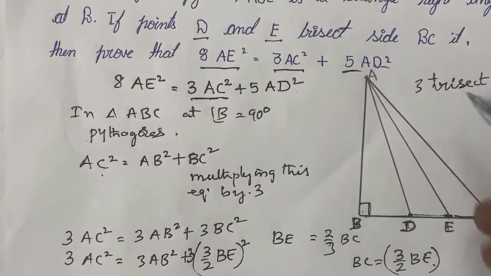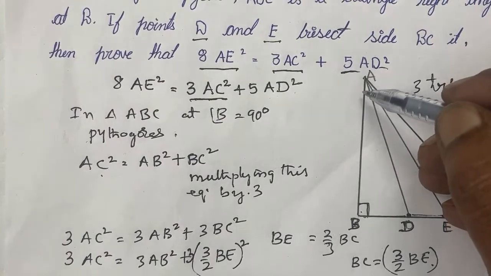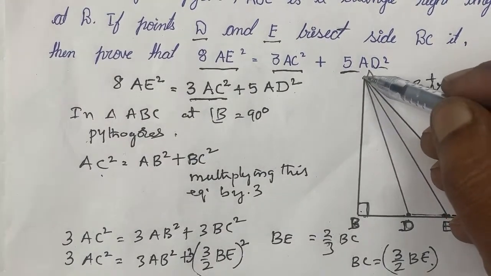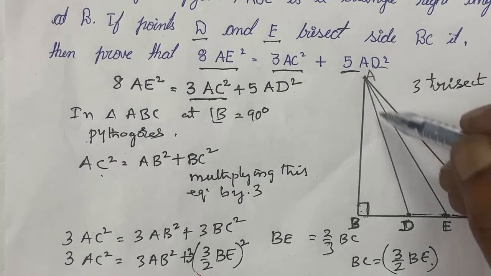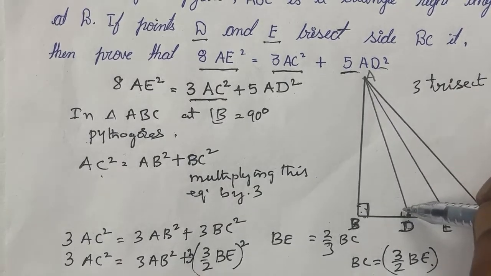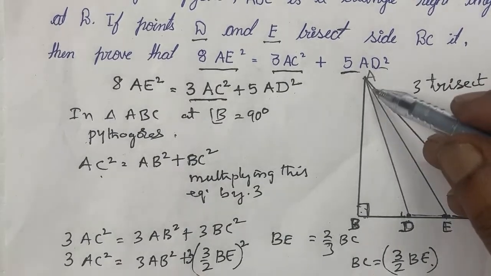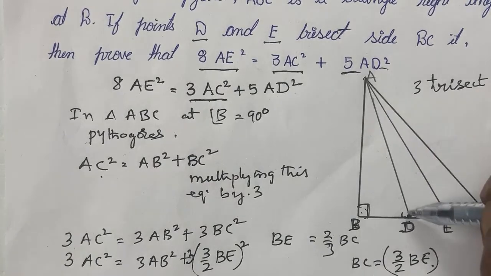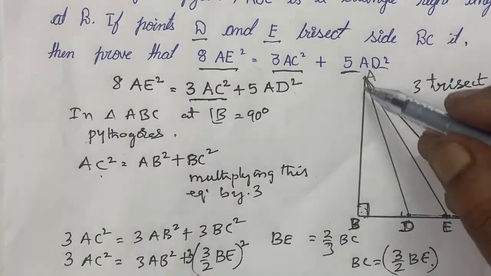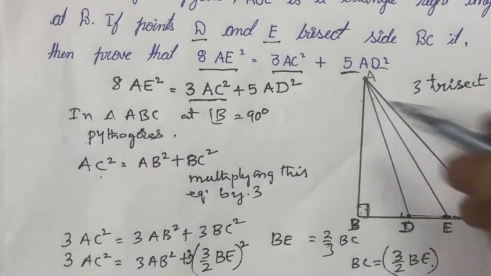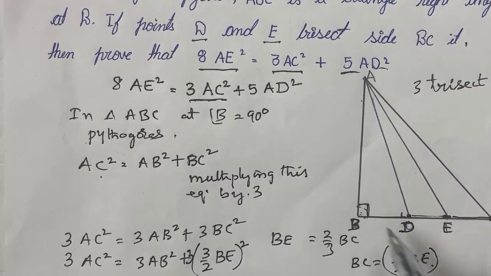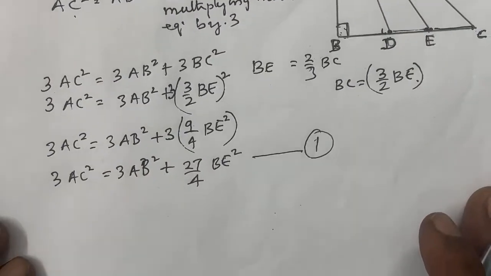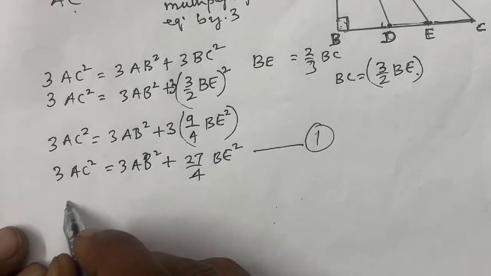5AD square means we want to take the right angle triangle ABD. This right angle triangle you have to take. In this right angle triangle, AD is the hypotenuse, AB is the opposite, and BD is the adjacent. So we'll apply the Pythagoras formula here.